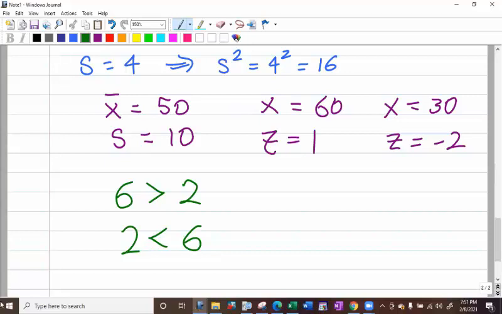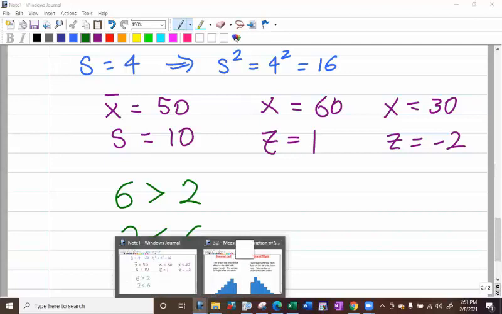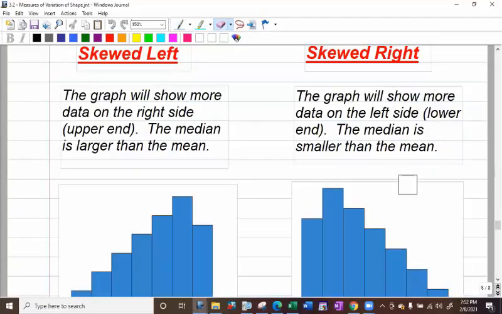Now we come over here to skewed right. Makes sense. If skewed left is going to be weird, skewed right is exactly weird, just the opposite way. So if you've got more data on the left side, a higher range of lower end numbers, we call that skewed right, with the median being smaller than the mean, which is the same thing as saying the mean is greater than the median.